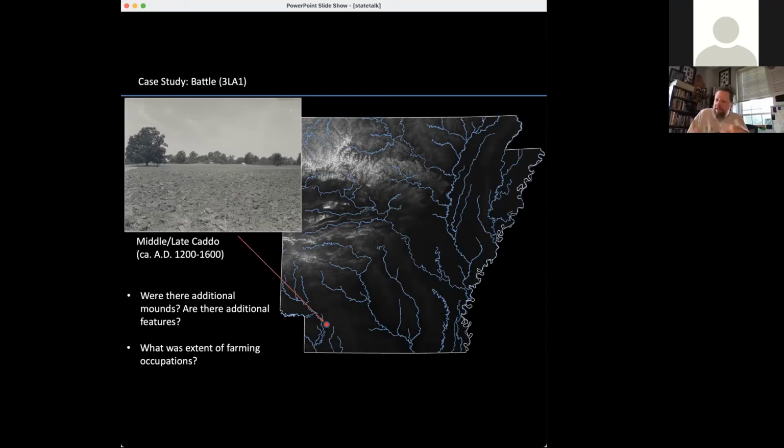And then related to that, are there other landscape features that Moore didn't document that might be related to the construction of these mounds or just Caddo in general? And second, there is evidence of tenant farming occupation, with many photos that I'll show you here in a minute. So I was interested in understanding the distribution of this occupation and its impact on the visibility of the Caddo archaeological record, again, as it's related to the use of remote sensing.